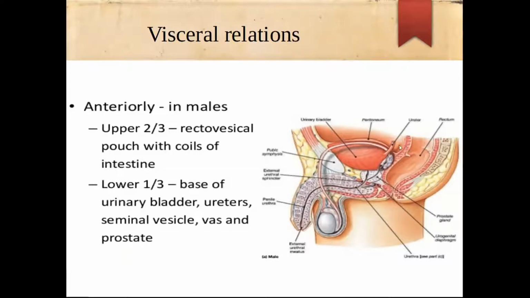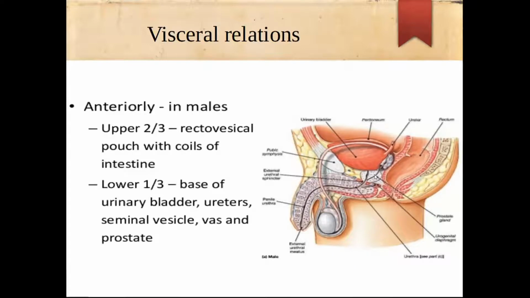In the lower one-third you will find the base of the urinary bladder, the ureters, as I am pointing here, the seminal vesicles, and the prostate. This is in the males.